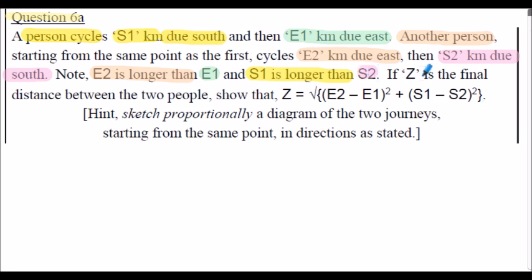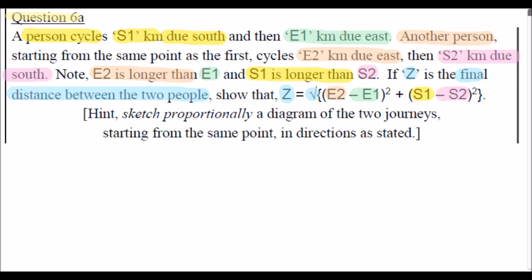If Z is the final distance between the two people, we've got to show that Z is equal to the square root of, in brackets, E2 minus E1 all squared, added to, in brackets, S1 minus S2 all squared.